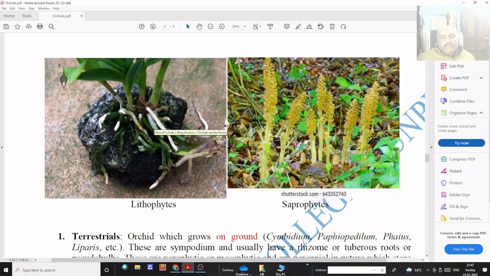They also derive their requirement for moisture and nutrients from the air. One thing I missed telling you all is that orchids are a very special kind of plant. They prefer more air in their root zone for their growth and development.